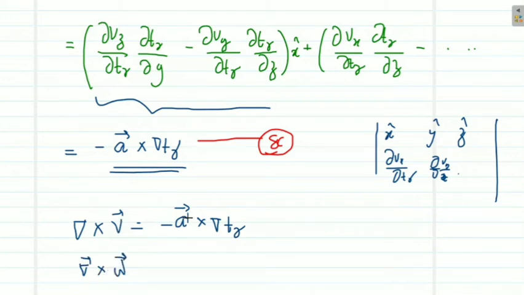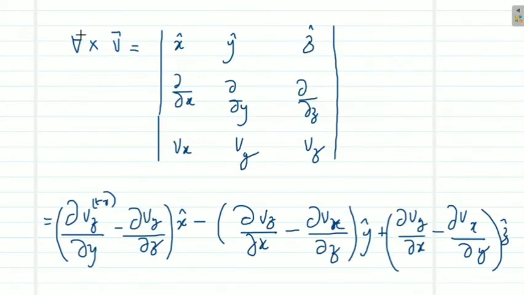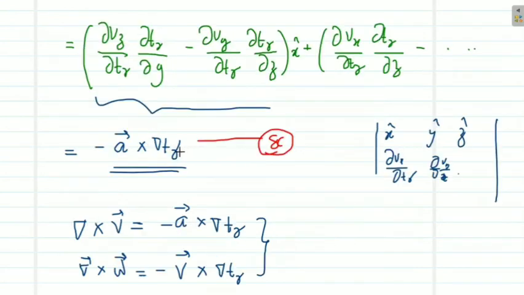Here we have velocity, so we had an acceleration term. If we have position here, it will be minus v bar cross del tr. So when it is del cross velocity term, we have minus acceleration cross del tr, and when we have a position term, we will have velocity cross del tr. So in the same method as we have proved del cross v bar equal to minus a bar cross del tr, we can prove that del cross w bar is minus v bar cross del tr.